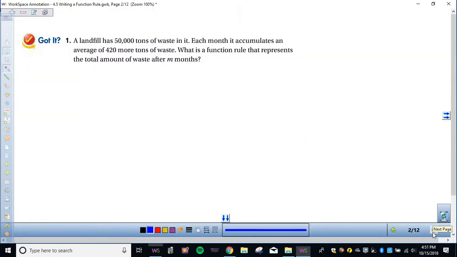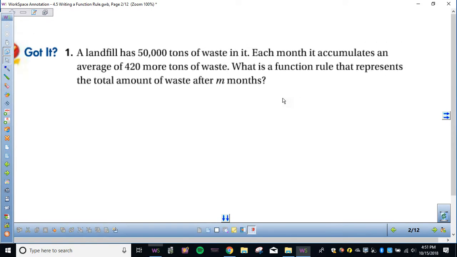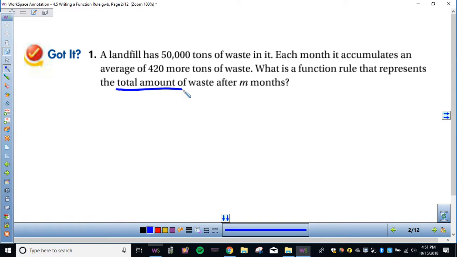Moving on. A landfill has 50,000 tons of waste in it. Each month it accumulates an average of 420 more tons of waste. What is a function rule that represents the total amount of waste after M months? So the landfill already has 50,000 tons of waste, and we want to know the total amount of waste after M months, so we can use T for total amount.